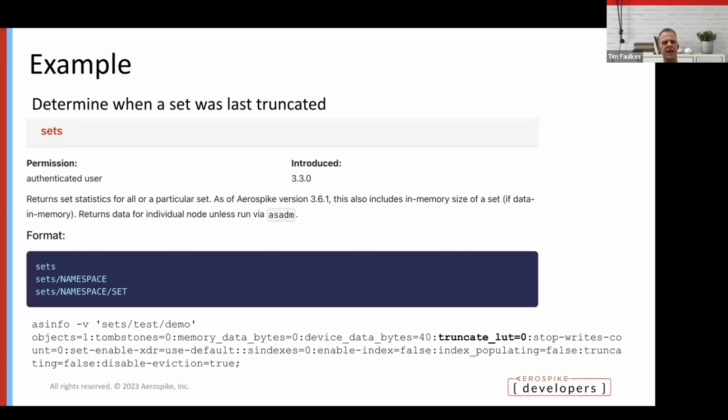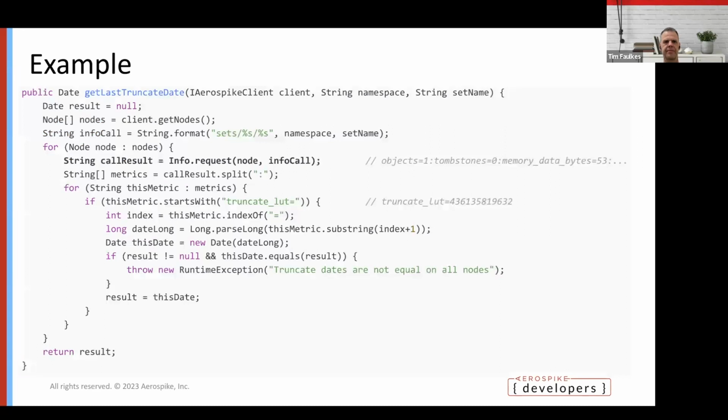So I did this through the command line. What if I wanted to write a program to use this? Well, it's very simple. This is a function that takes my Aerospike client, my namespace, and my set name. And all I want to do is go through and find out its last truncate time. Now, when you do this, you have a cluster typically.